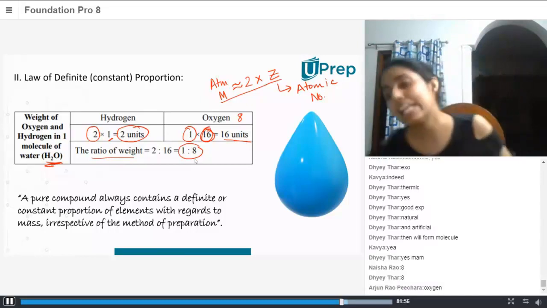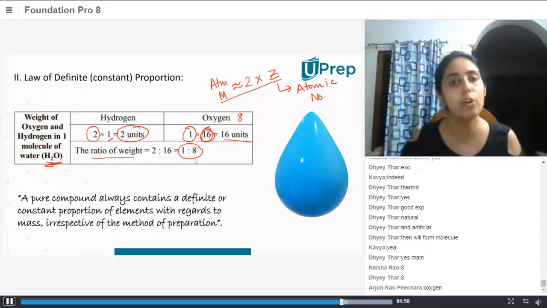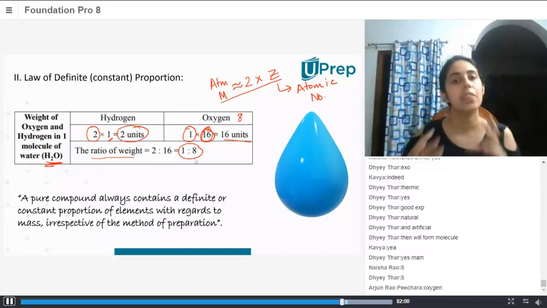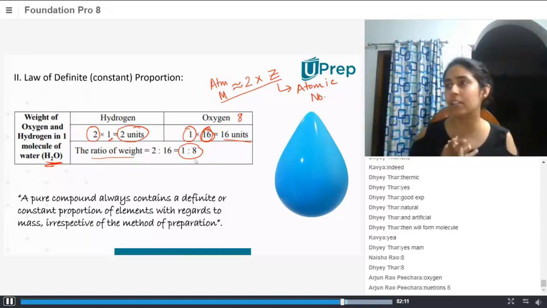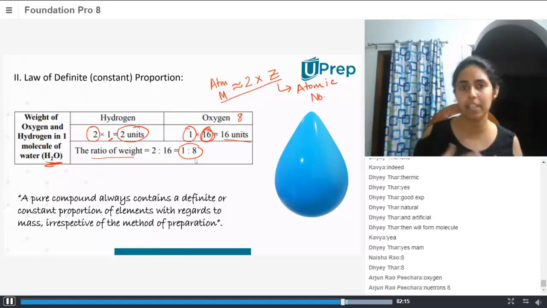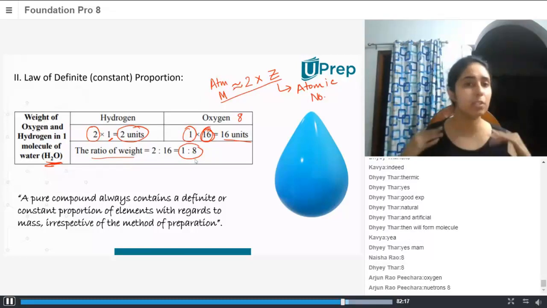It means irrespective of where or how I created water, the water molecule will always have a weight ratio of 1:8. Whether I get the water from rain, by evaporating something, or by condensing something, irrespective of my source of water.